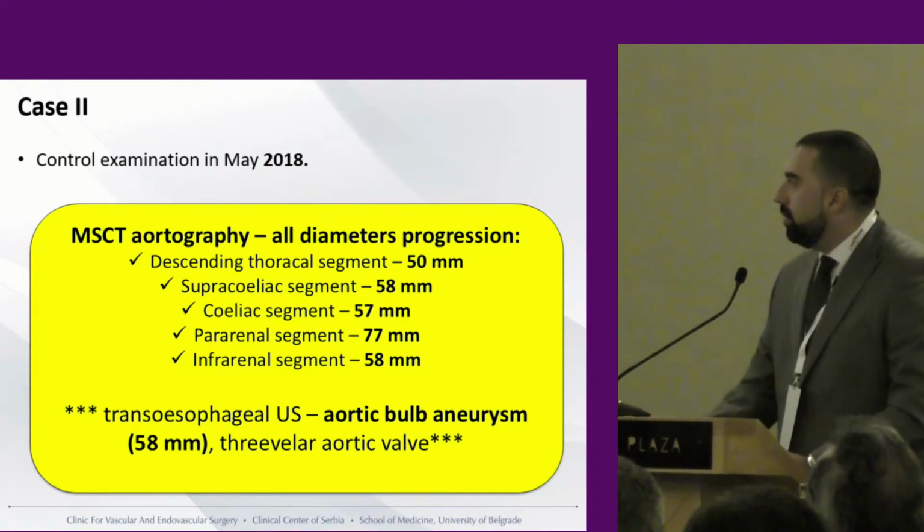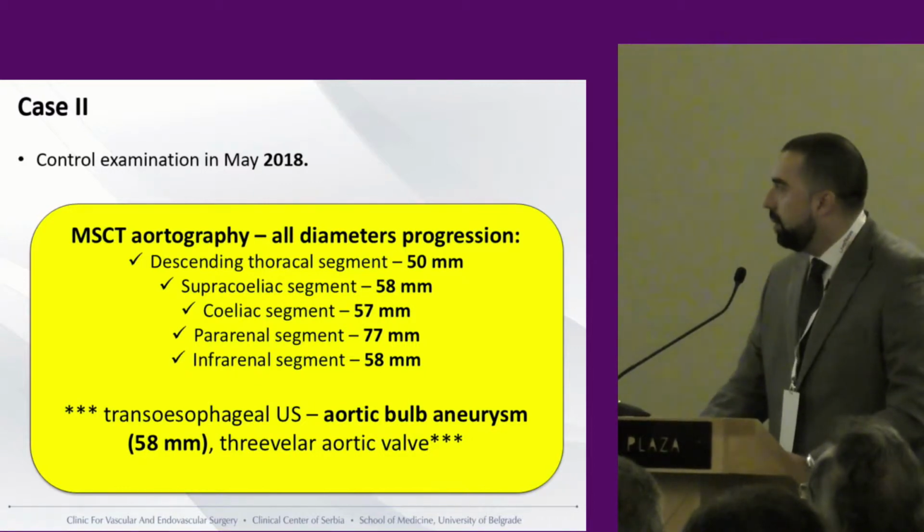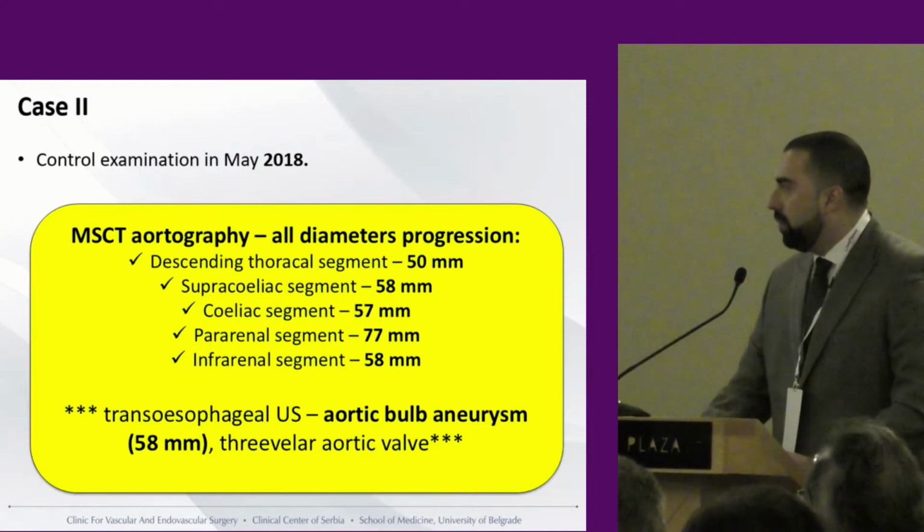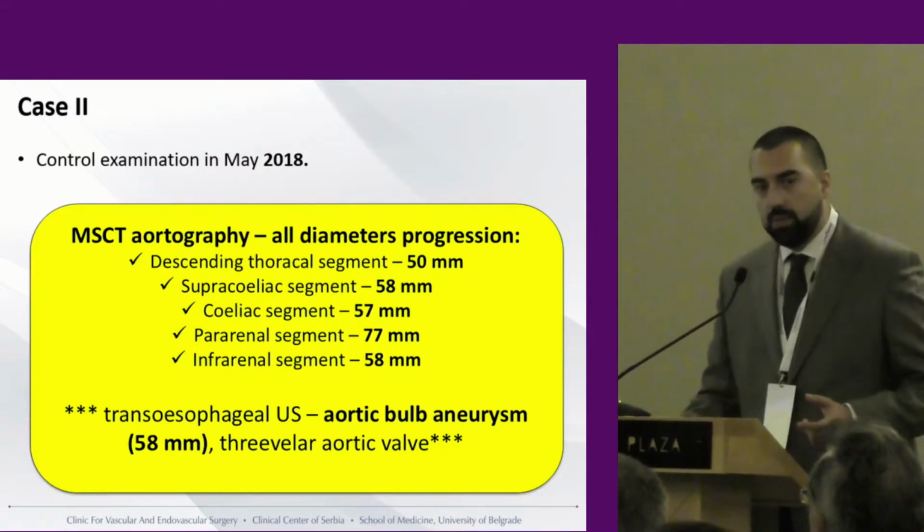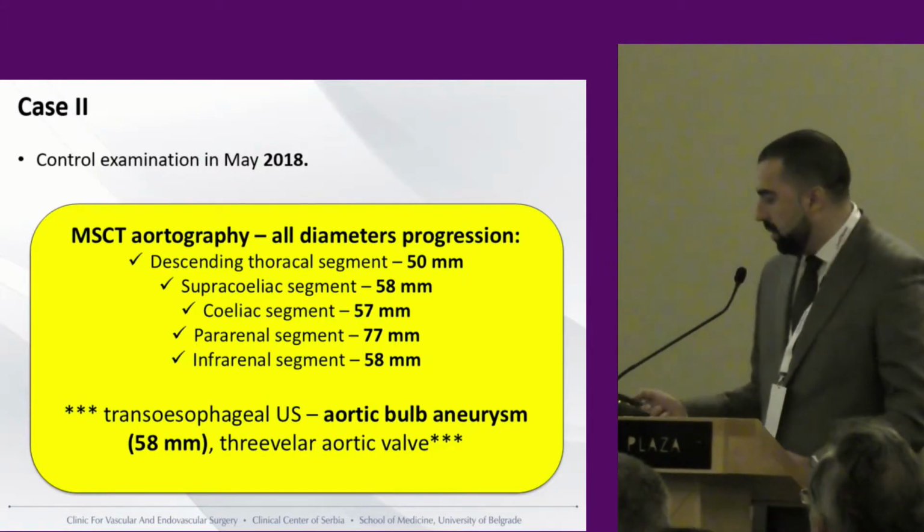For example, you can see the pararenal segment was 77 millimeters, and additionally, we performed the transesophageal ultrasound and saw the aortic bulb aneurysm of 58 millimeters.